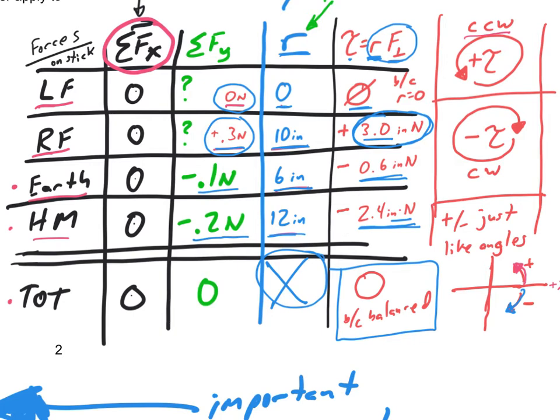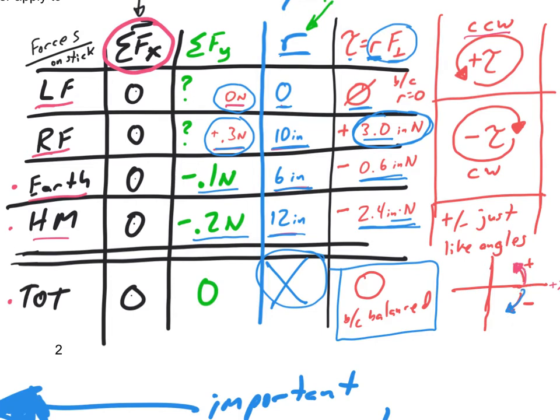This convention of positive being counterclockwise and negative being clockwise is just like what you did in trigonometry classes, where a positive angle is coming off of the positive x-axis and a negative angle is coming downwards off of the positive x-axis. Same convention.